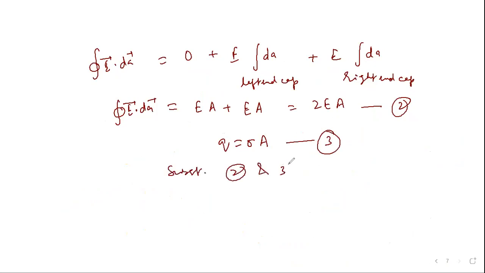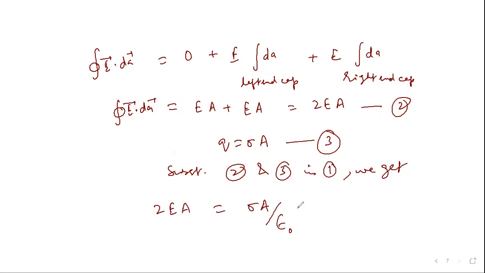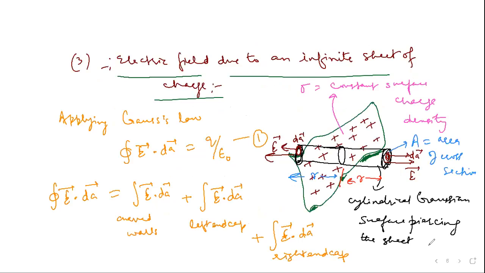Substituting second and third in first, we get 2EA on this side, sigma A by epsilon naught. This is 2EA, Q is sigma A, and downstairs there is epsilon naught, right? I have used second and third in first. This is my first.